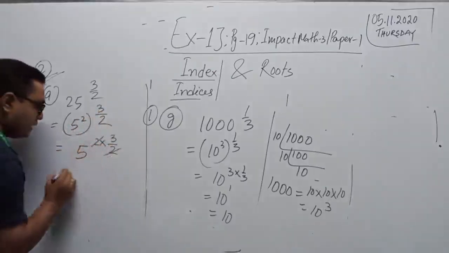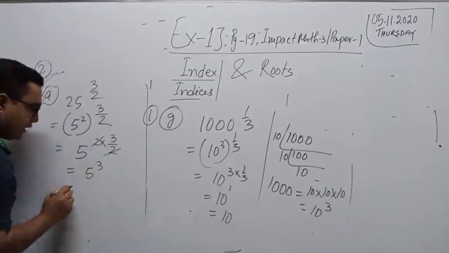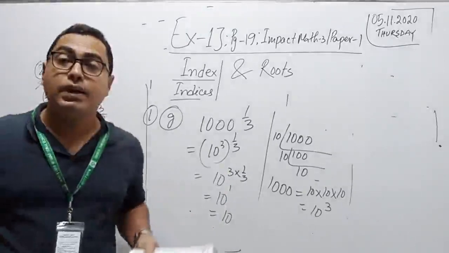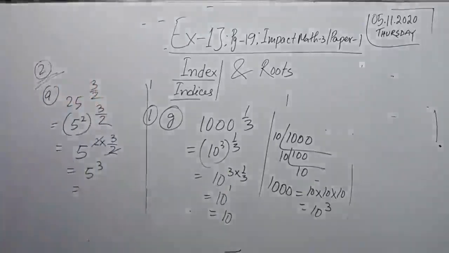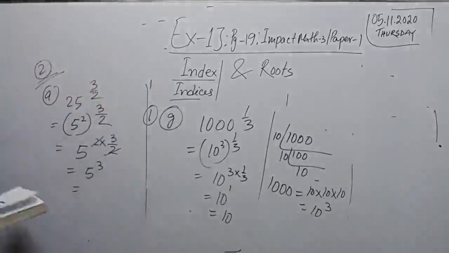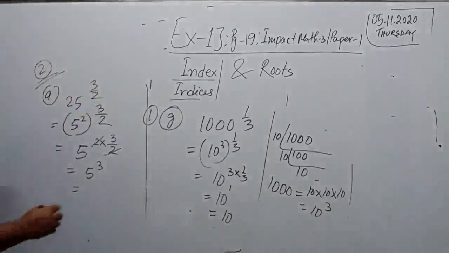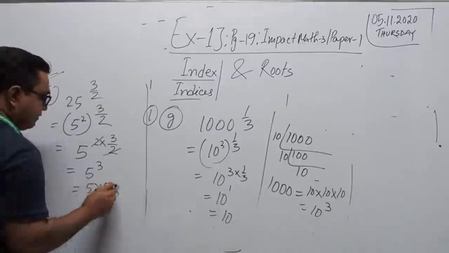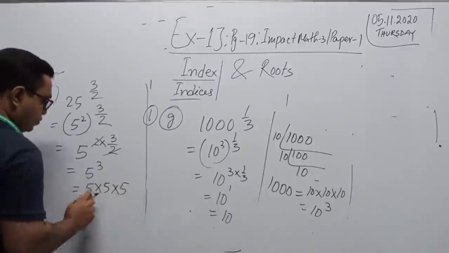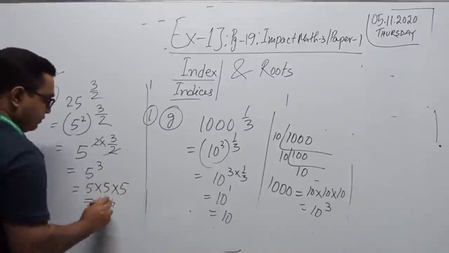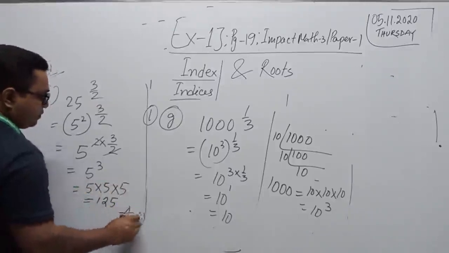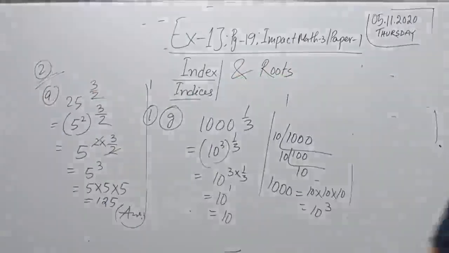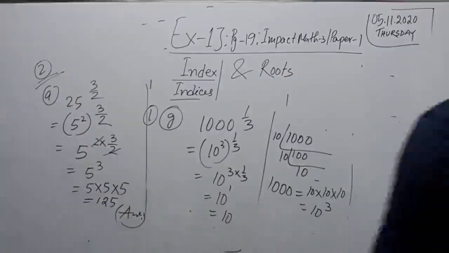So 2 cancels. So 5 to the power 3. They asked a question to evaluate. That means you will try to solve as much as possible. 5 to the power of 3 means 5 times 5 times 5. So 25 times 5, 125.